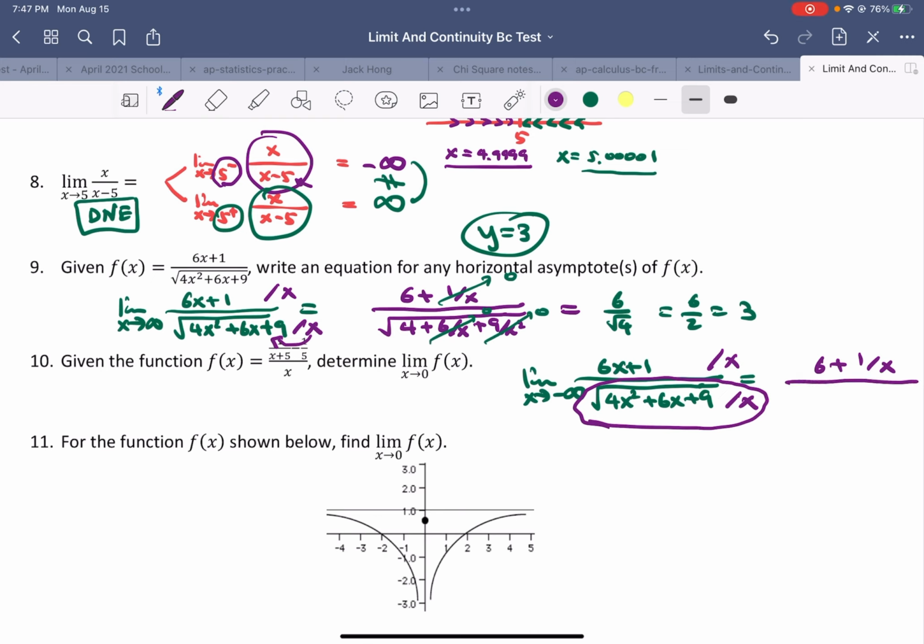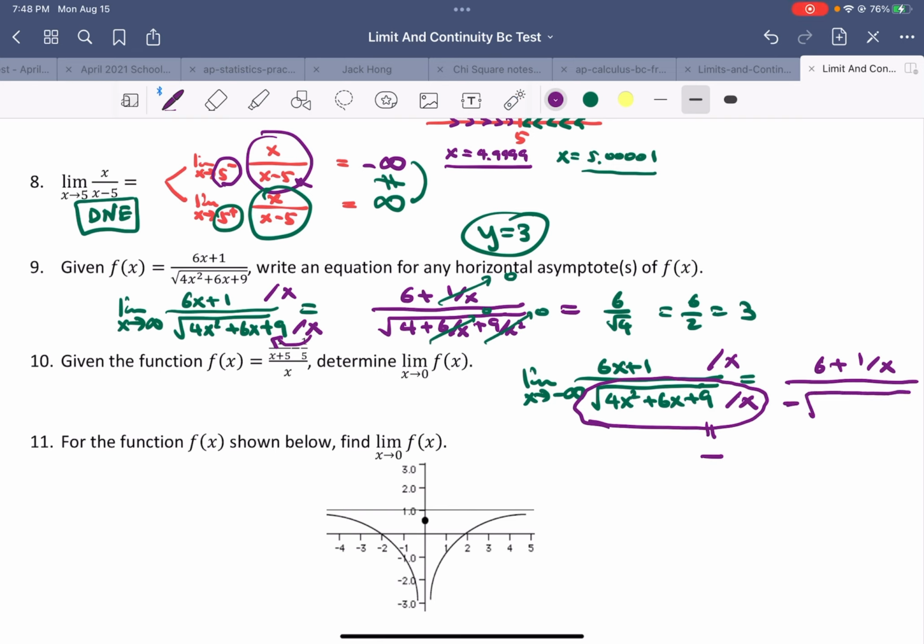But the denominator, you divide by x, which is a negative value. The square root expression cannot be negative, but you divide by a negative value, so the entire expression has to be negative. When you bring this x inside the square root, it will be positive, so in order to make it negative, you have to put a negative sign.